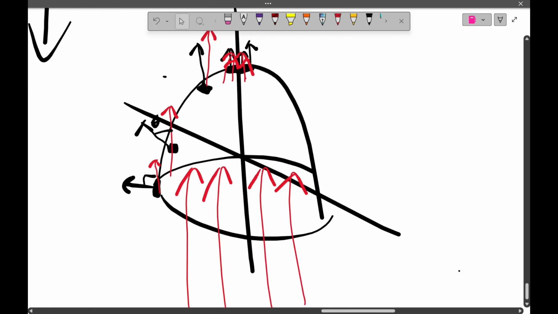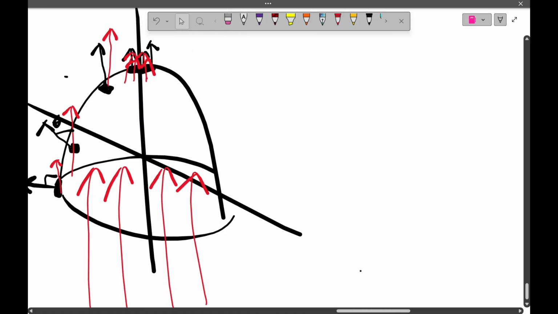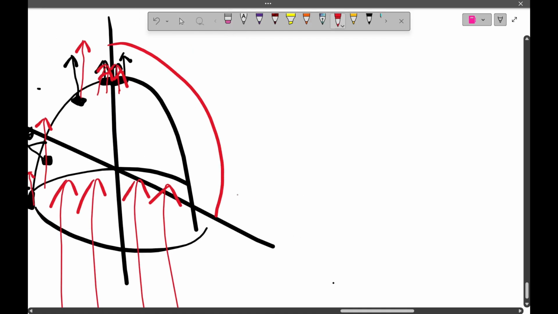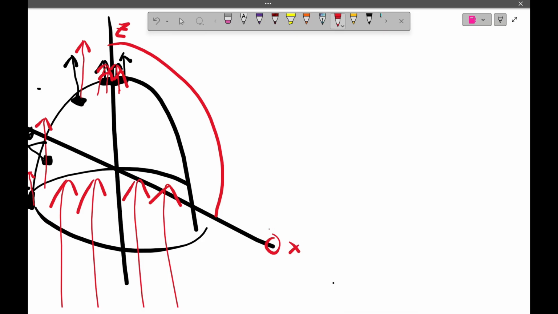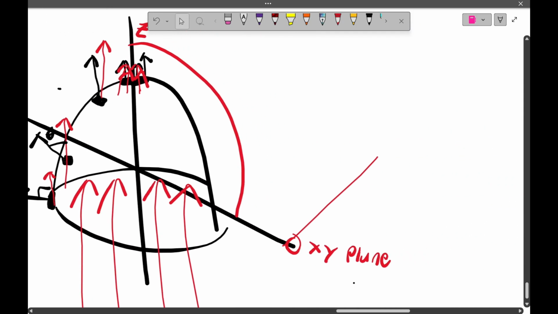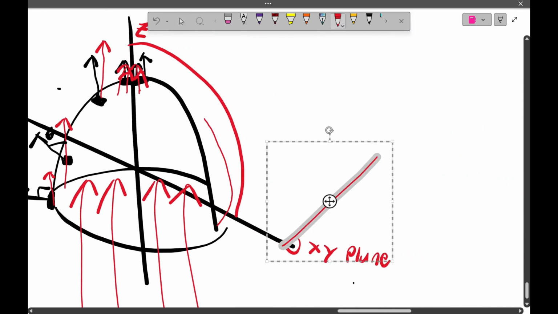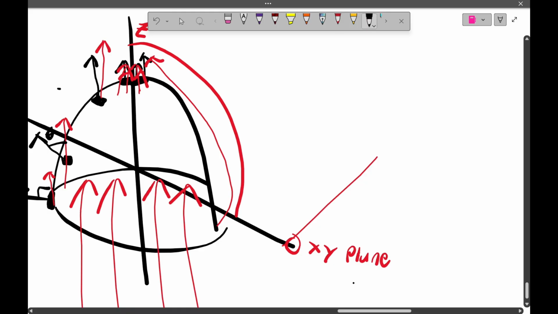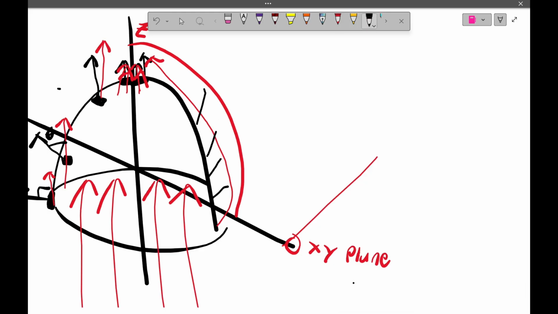So, how do I describe that with math? Well, we know that we're starting from the z-axis to the xy plane, measuring an angle of 90 degrees. That's why we have the pi over 2 on that integral. And as we move up, like I just said, all these area vectors are getting more and more aligned with the electric field lines.